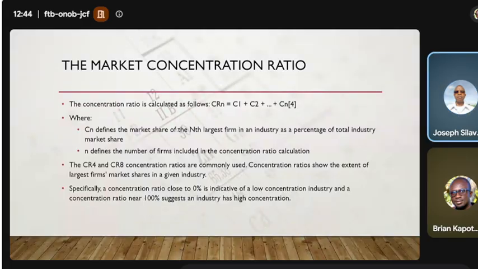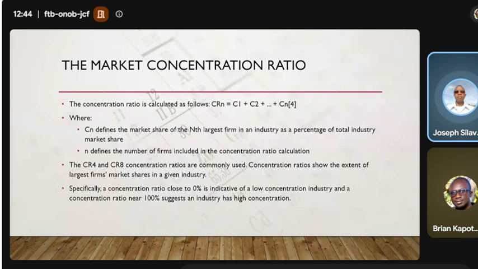Hello, Doc. Yes, go ahead, Joseph. Is it Joseph? Yes, sir. Just try according to what you've learned. With the HH index, when calculating the market shares or concentration, you square the market share.